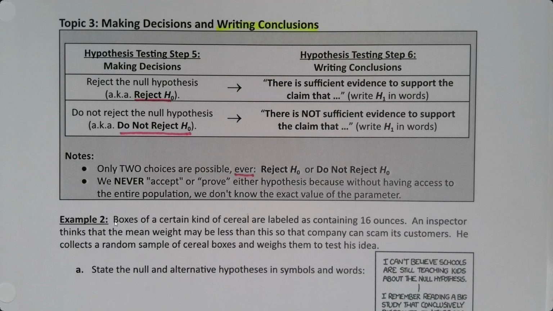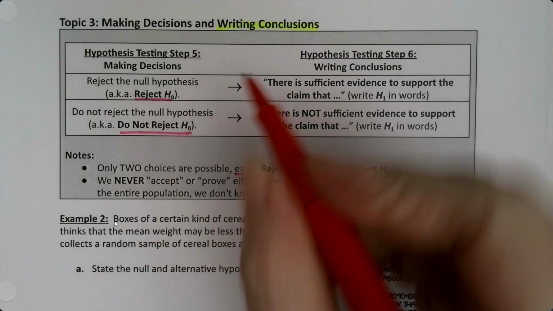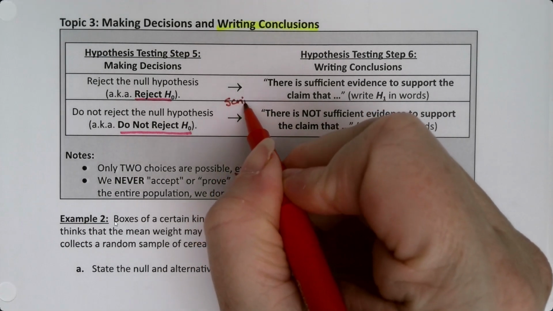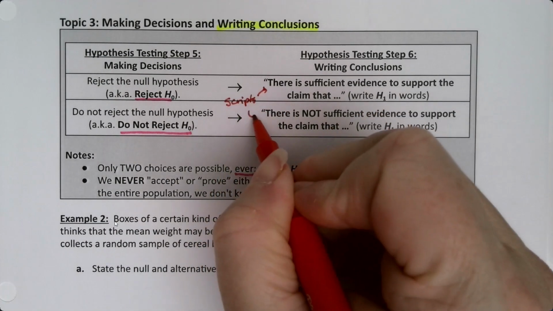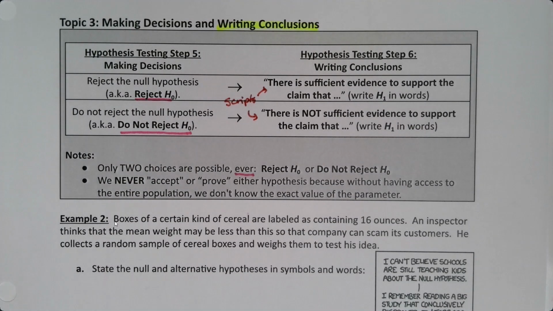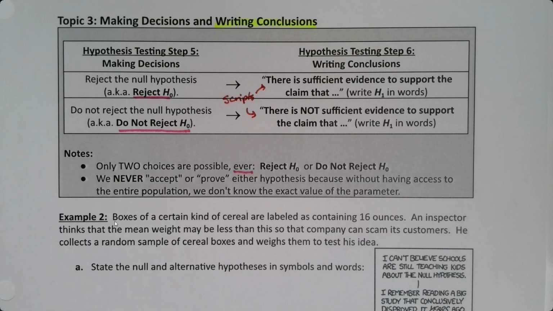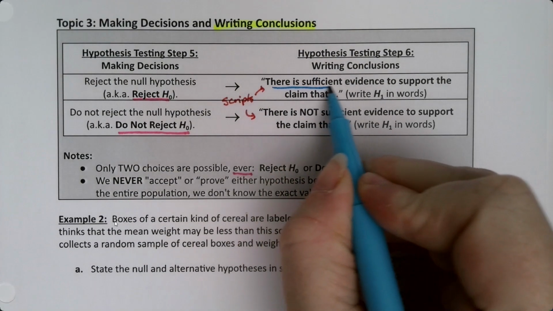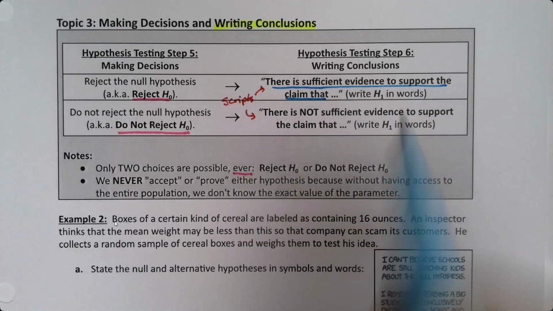There are scripts involved with writing a conclusion. So let me just write the word scripts, right? They're right here. If we reject H0, then we state, there is sufficient evidence to support the claim that, and then you write what the claim was in words. But this is your script right here, right?